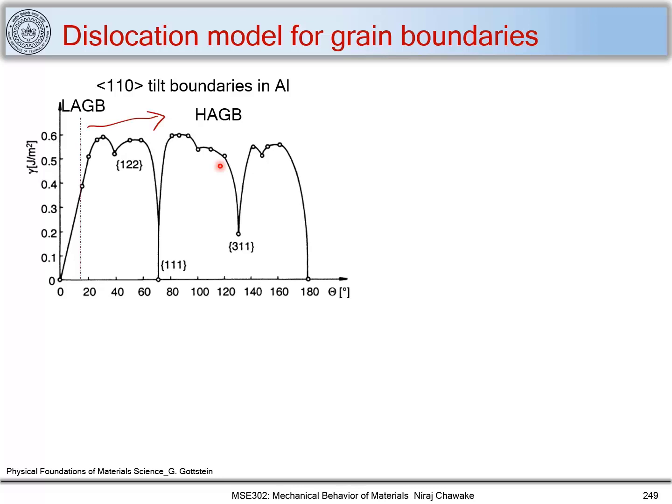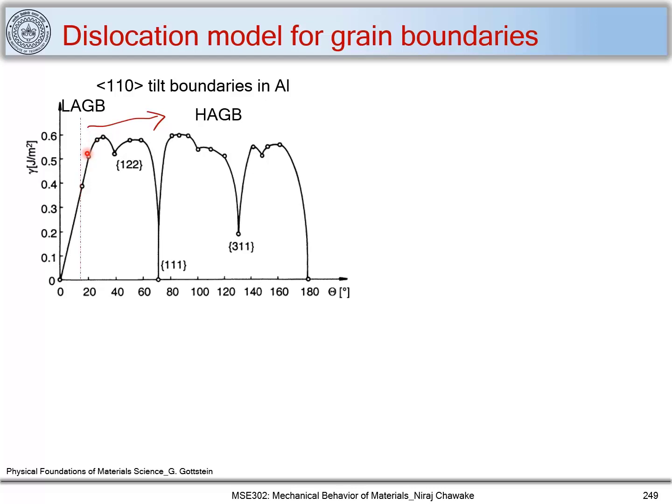And you can see this kind of boundaries. So you can explain that as misorientation angle increases, this gamma, that is grain boundary energy, increases. And you can see that it increases with theta, and our dislocation model, which represents boundaries as an array of edge dislocations, can explain this increase in energy of the grain boundary with respect to theta.